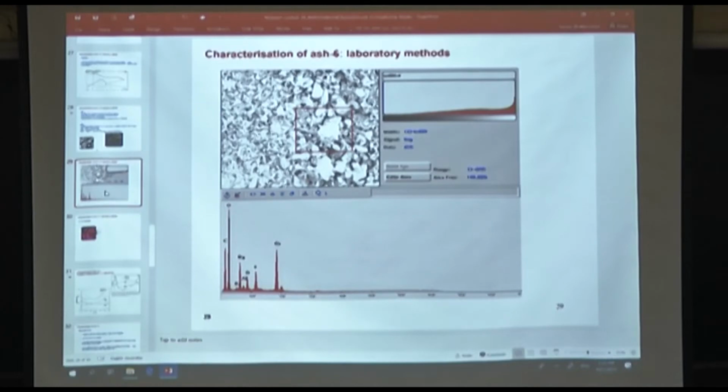It does the equilibrium calculations by itself, and then can tell you, okay, this is the compound most likely to form at that temperature under that environment, and this is the liquidus temperature, the melting temperature of it.